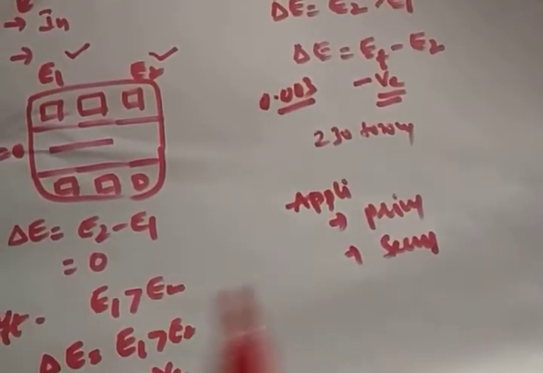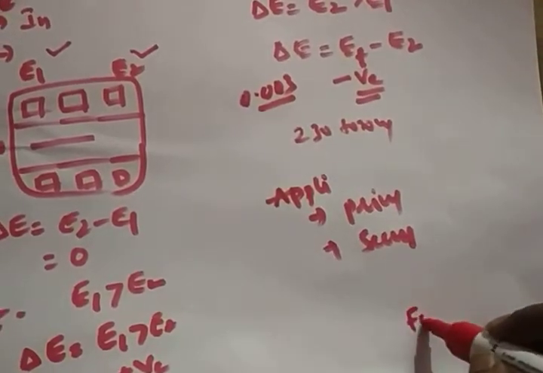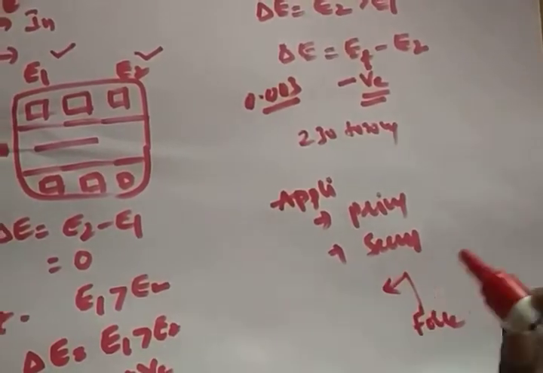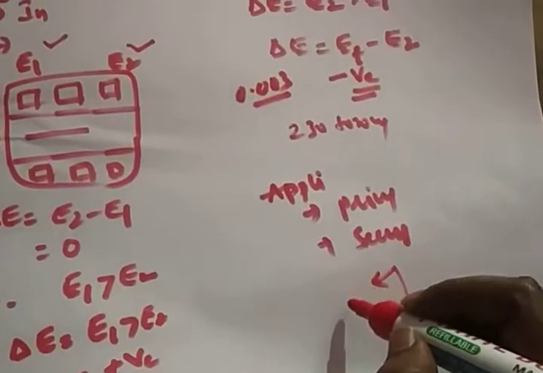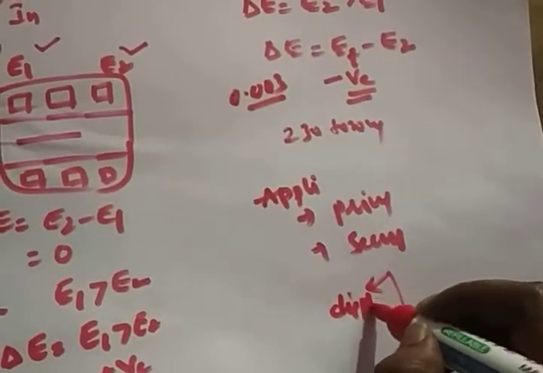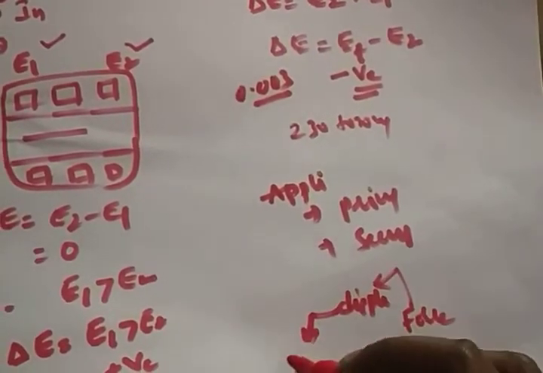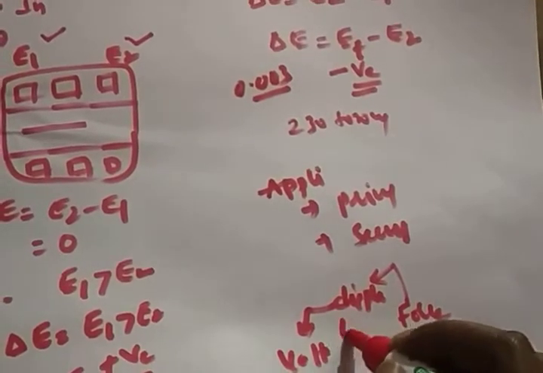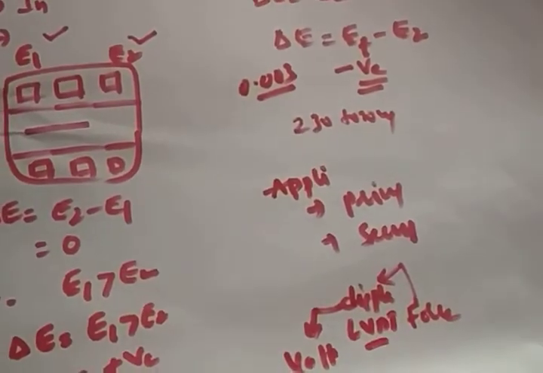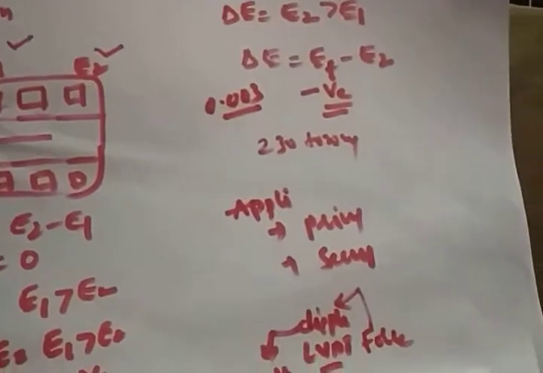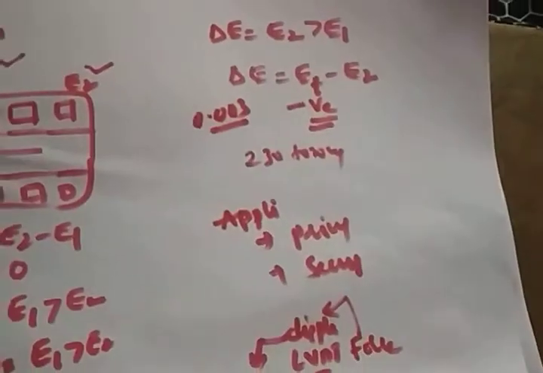Secondary transducer means, suppose you want to find a force, which is first converted to displacement, and then the displacement is converted to voltage. So here LVDT is a secondary transducer, like with a board and tubes. So it can be used as a primary transducer and also as a secondary transducer.